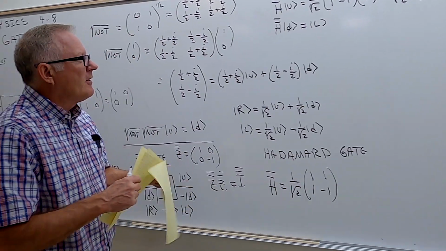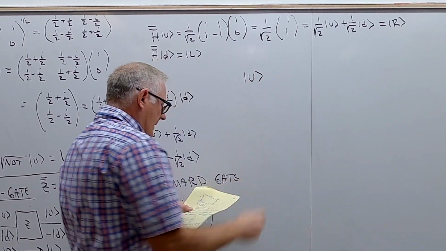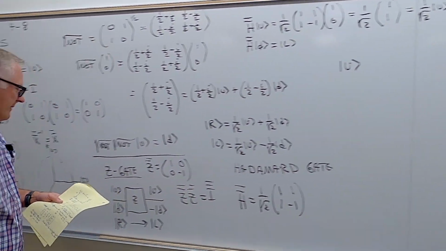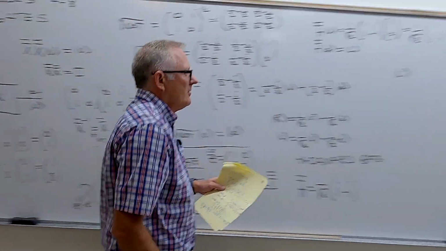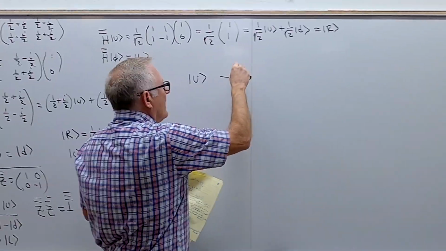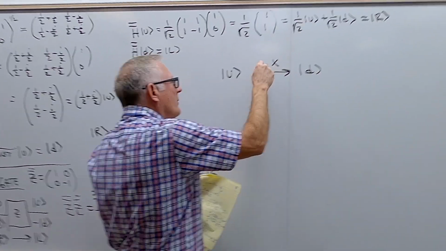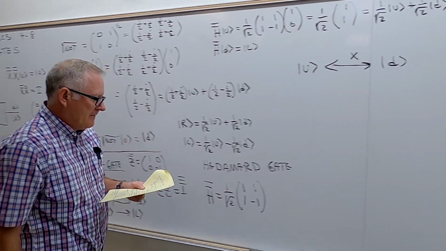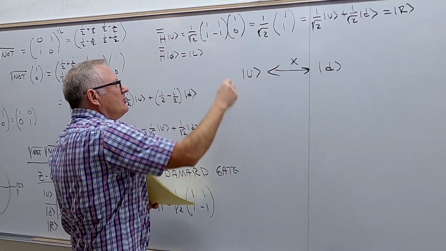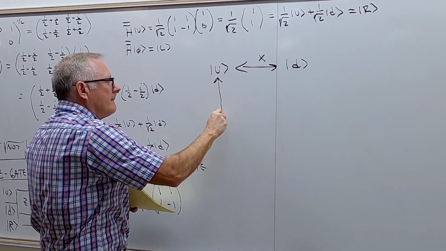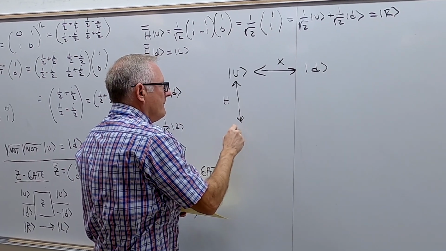So that means if I have, say, the up state, and I apply an X to it, it turns it into a down state. So over here, if I apply an X to it, it turns it into a down, or if I had a down and went this way, it would turn it into an up. Now, if we have our up state and we apply H right here, then it turns me into a right state.